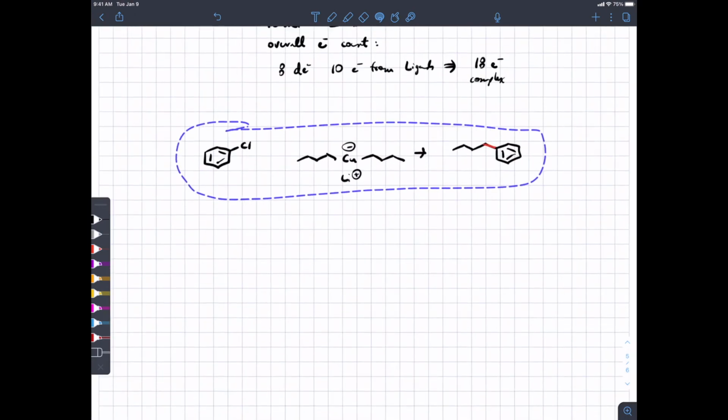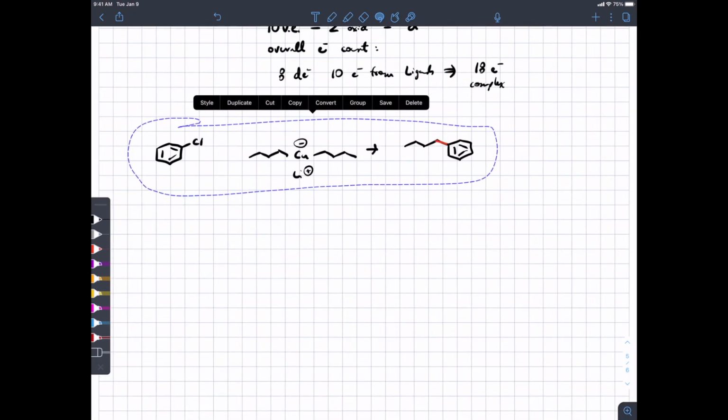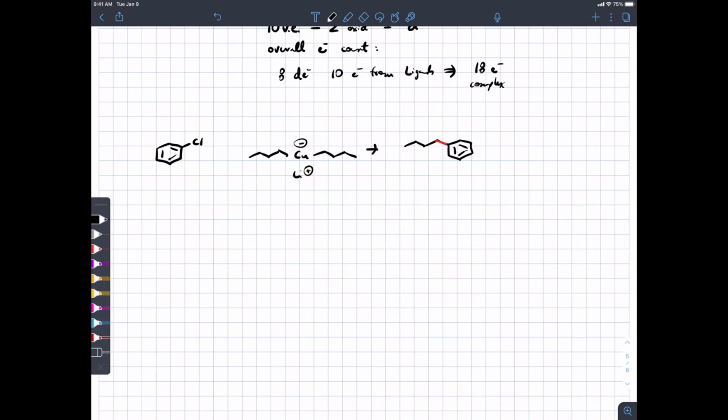Okay. We've said before, based on our analysis above, that copper here is in the +1 oxidation state, and it has 10 d electrons. All right, so we're going to forget about the counter ion for now.